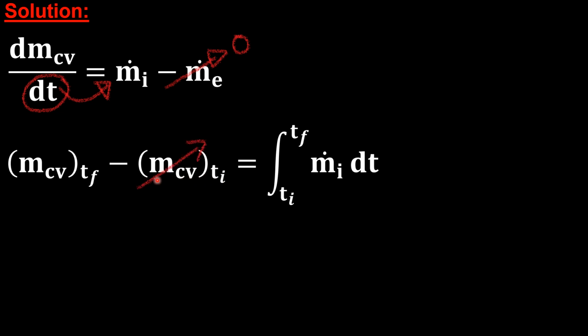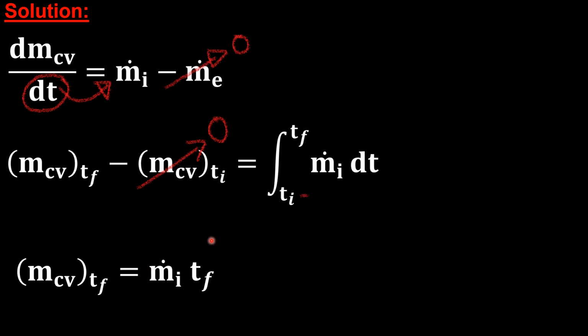Now the mass at the initial time is 0 because we are told from the problem statement that the cylinder is empty, so there is no mass. Moving the delta time, we can take the integral from time initial to time final, and then solve this integral. Remember that time initial starts at 0 seconds.